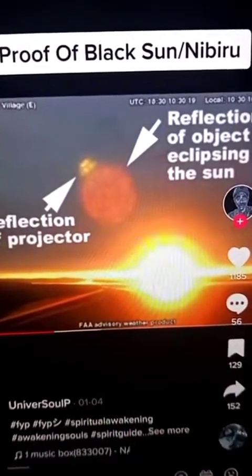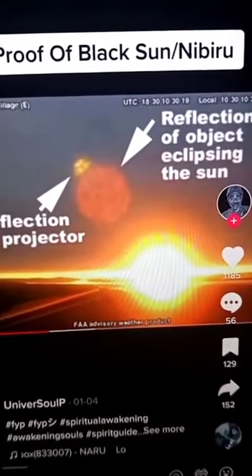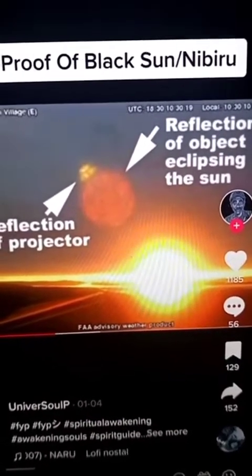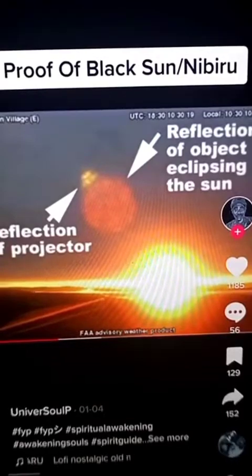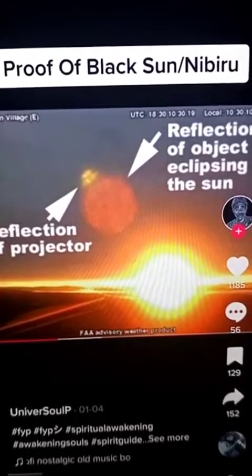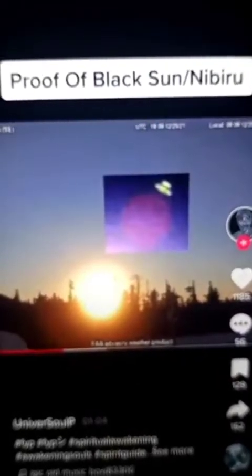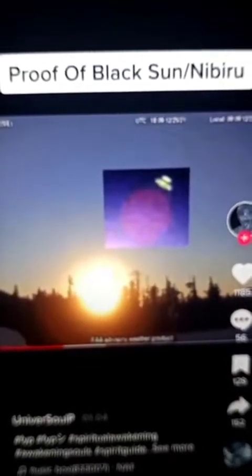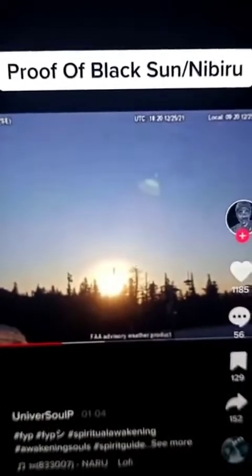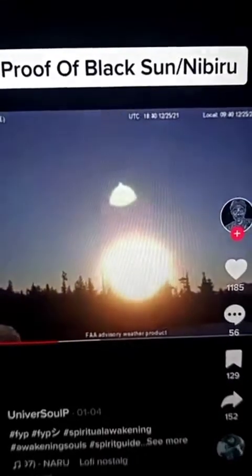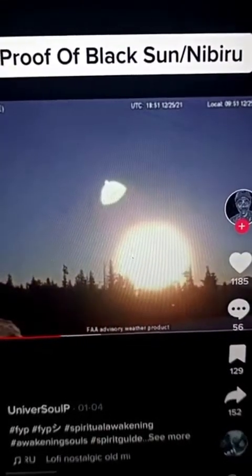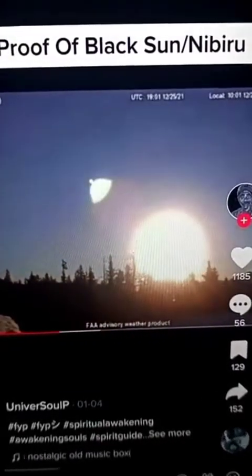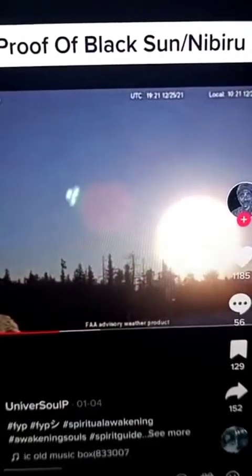The truth hurts. Shaped projector, and also a reflection of the planet that is currently eclipsing the sun. The southeast-facing camera in Klawock, Alaska, shows another good image of a reflection of the projector and also a reflection of the planet that is currently eclipsing the sun.